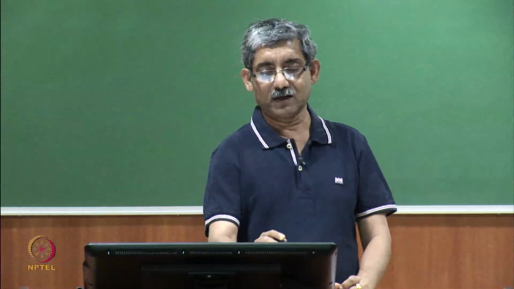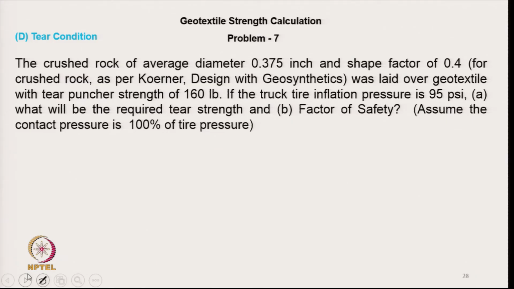Crushed rock of average diameter 0.375 inch, and shape factor is 0.4 for crushed rock as per Koerner, was laid over a geotextile with tear strength of 160 pound. So the tear strength is known.